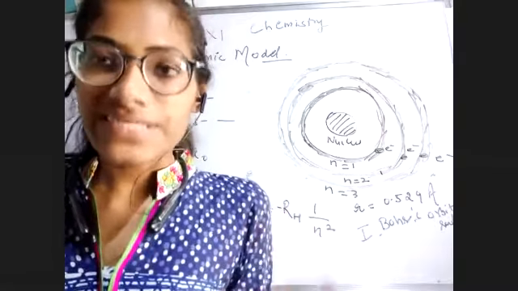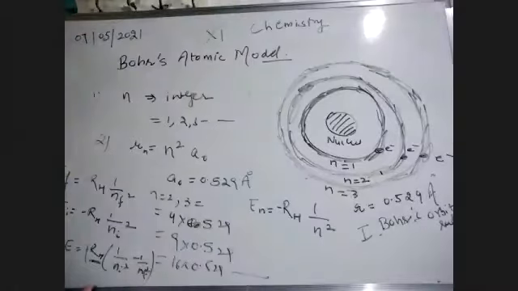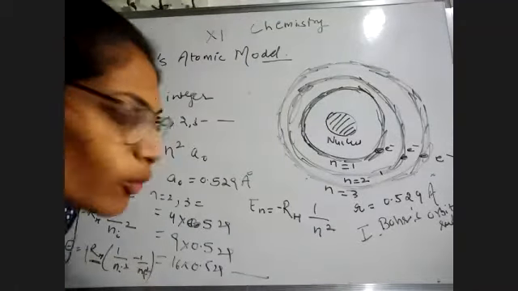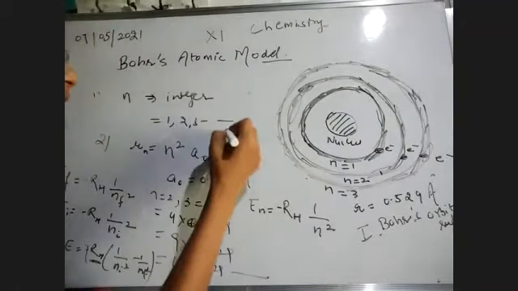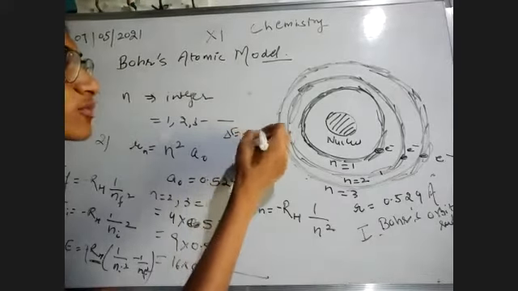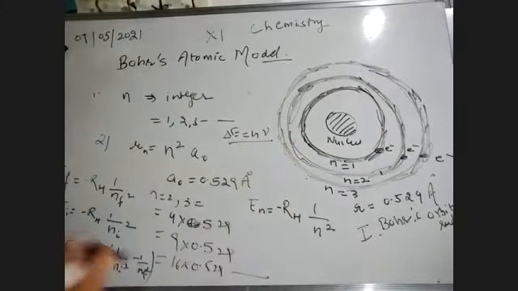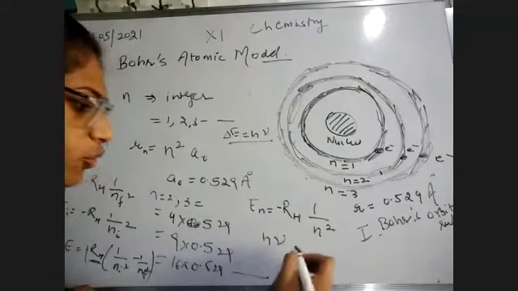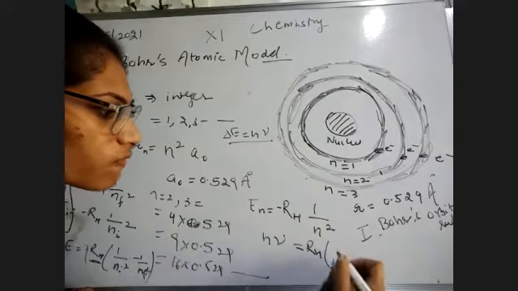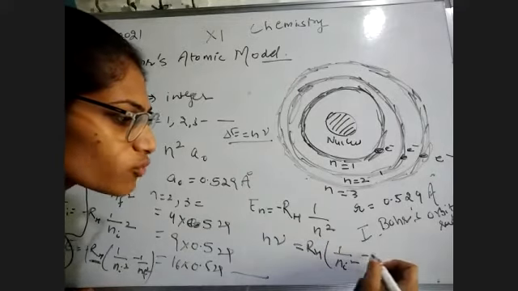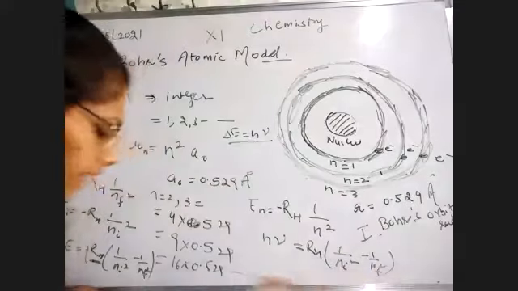Besides this, if we have to calculate the frequency, we know very well that delta E equals h nu. We have been through this formula so many times. So we can easily calculate h nu equals RH times 1 over N initial square minus 1 over N final square.